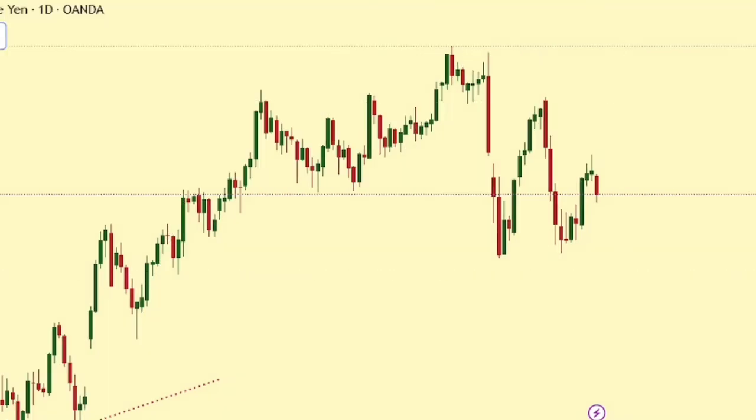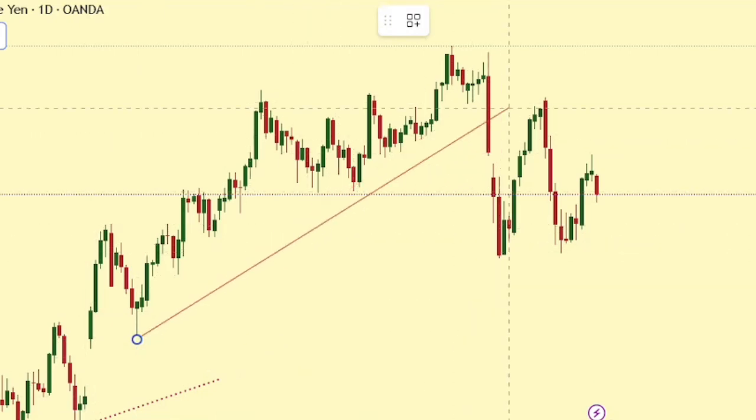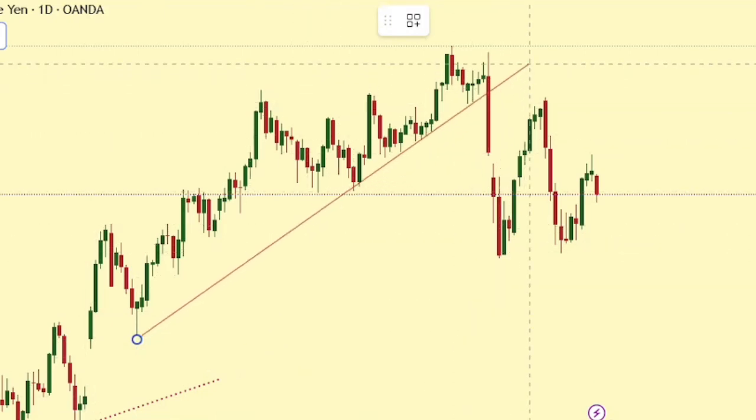Step 2, draw the trend line. Now I draw my trend line for bullish market. I connect the higher lows.